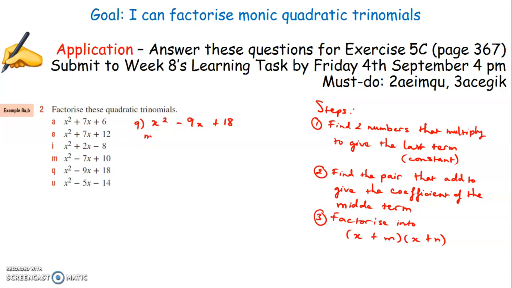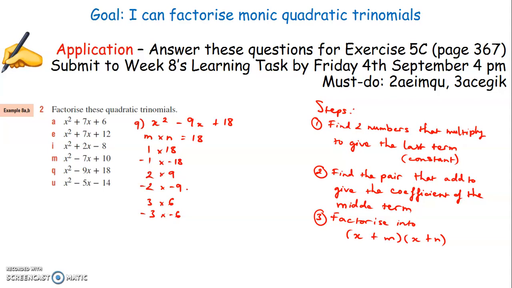Two numbers that multiply together to give us positive 18: positive 1 times positive 18, or negative 1 times negative 18, 2 times 9, or negative 2 times negative 9, 3 times 6, or negative 3 times negative 6.